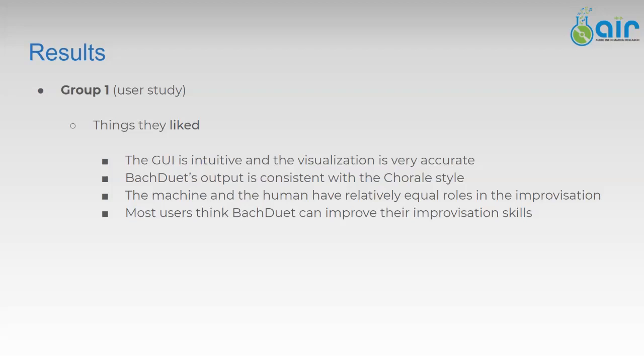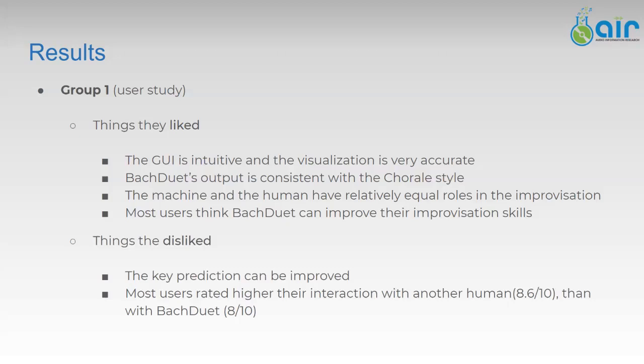This means that the information flows from both players to the other, and that BachDuet is not just a passive accompaniment system. As for the use of BachDuet as an educational tool, most of the users were positive, and especially if we could improve the system by including a real-time mistakes detector, for example, voice leading mistakes, which could provide the users with feedback in order to improve themselves.